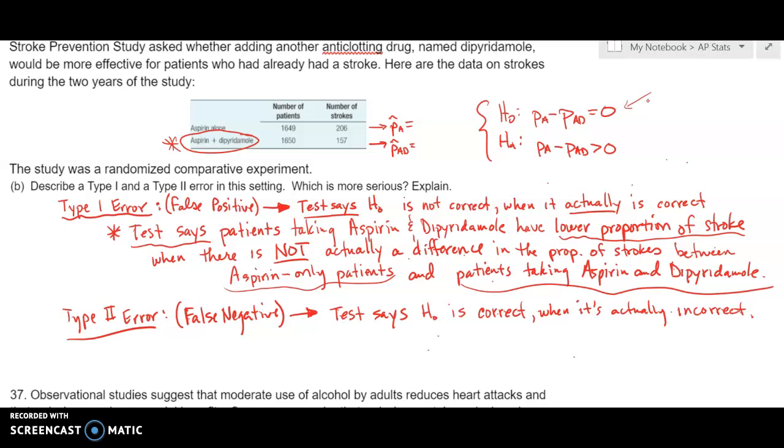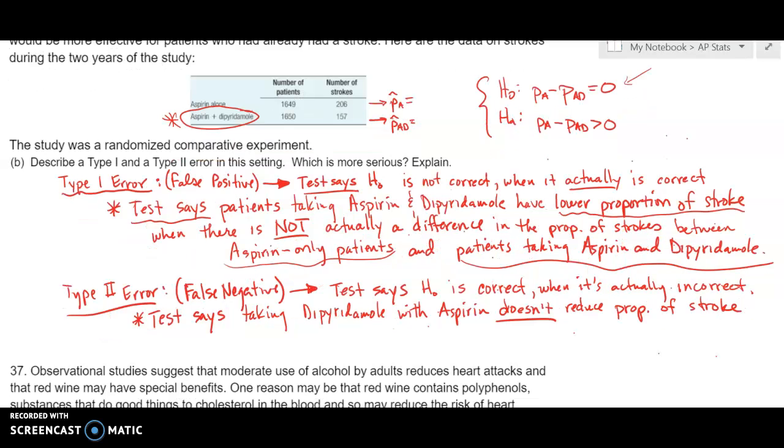So within the context, what that means is this. Test says that taking dipyridamole with aspirin doesn't reduce the proportion of stroke in these patients, when it actually does reduce proportion of stroke relative to those patients that only took aspirin.